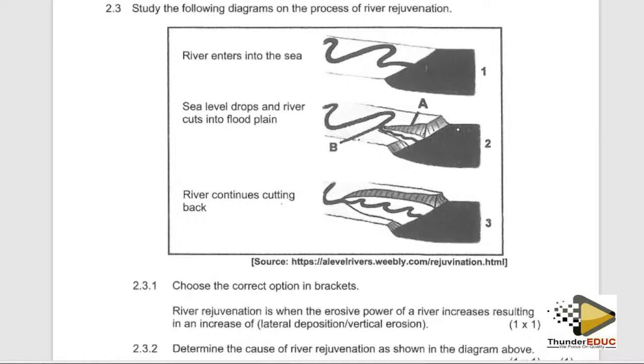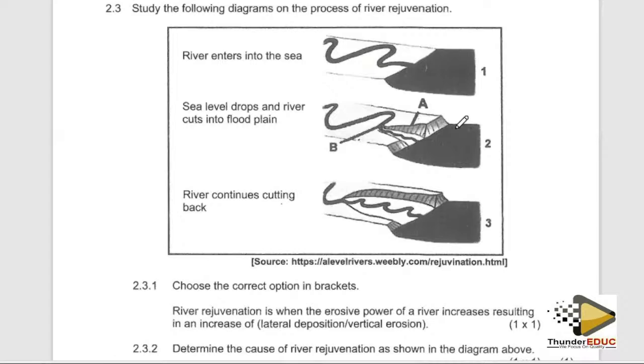This is the sea. This is our river, the meandering pattern. Because of course the sea is wider as compared to the river. The sea level drops and the river cuts into the floodplain, as you can see here. The sea level has dropped. The river continues cutting backwards.